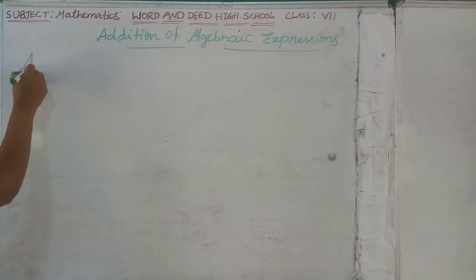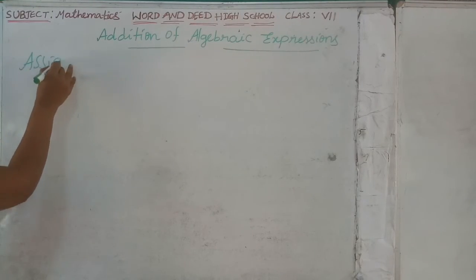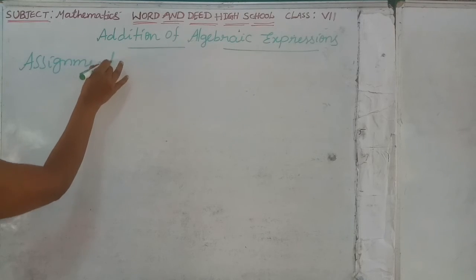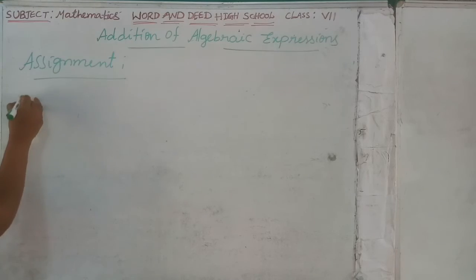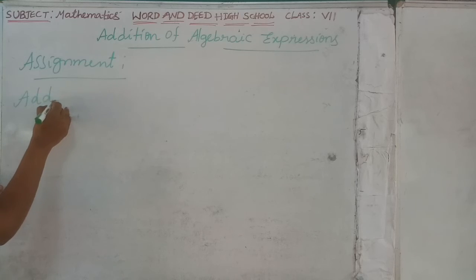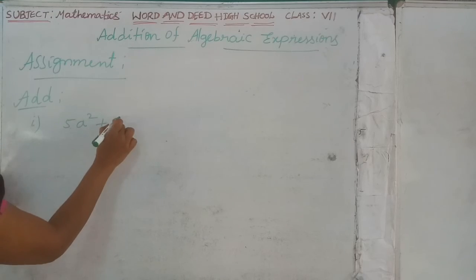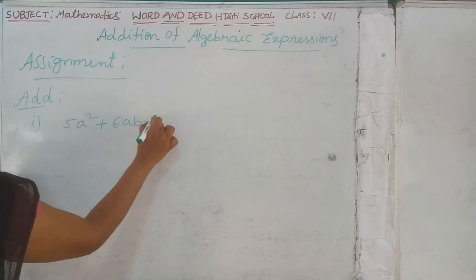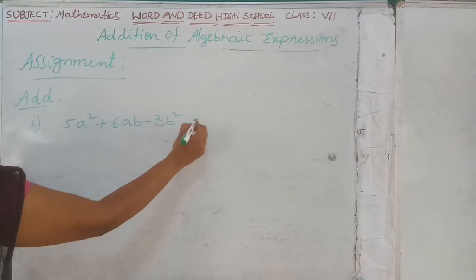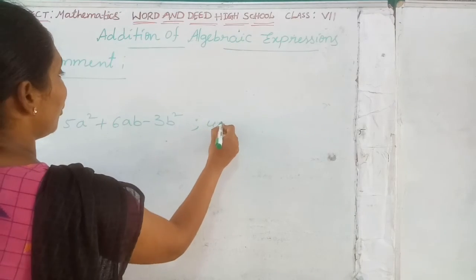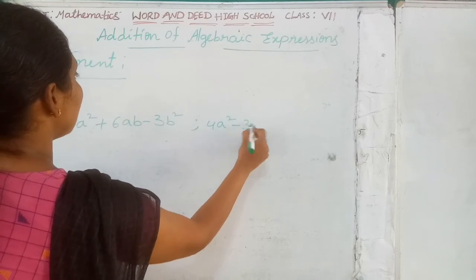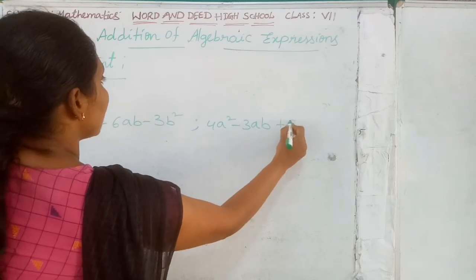Assignment. Add. First one: 5a square plus 6ab minus 3b square, 4a square minus 3ab plus 5b square.